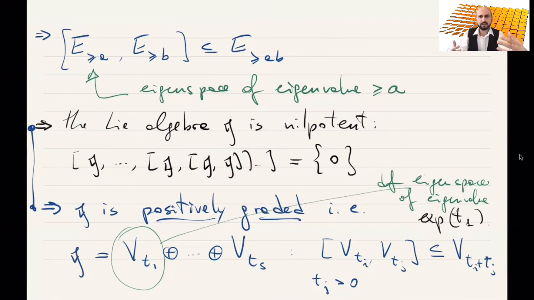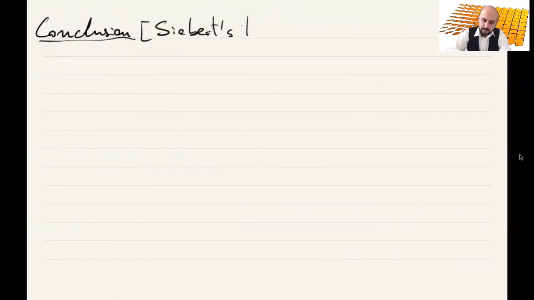Now, this was just to make you understand that something stronger should be true for Lie groups that admit dilations that are automorphisms. And I kind of gave you the proof of the theorem, at least in some special case. Everything can be really proved in a more general setting, and this goes as a theorem due to Siebert. And this is the theorem.